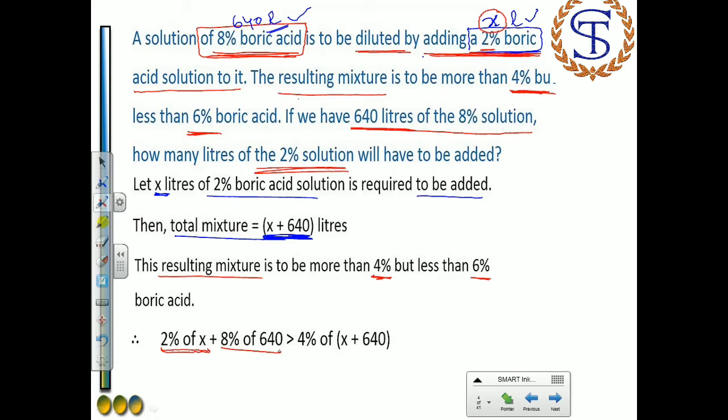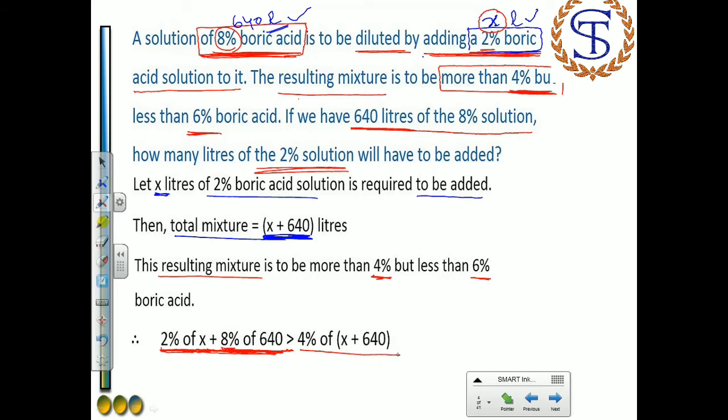Again, in this 8% boric acid solution only 8% is acid and the rest is water. So how much acid content is in this 640 liters? It is only 8%. And this is the total acid content of the resulting mixture, which is more than 4%. So it is greater than 4% of X plus 640.